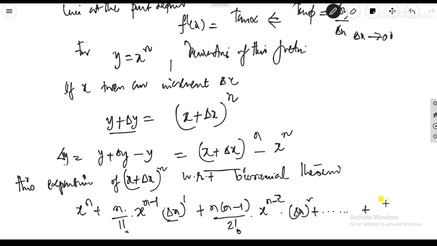The last term will be delta x power n. So this is the expansion of this term.